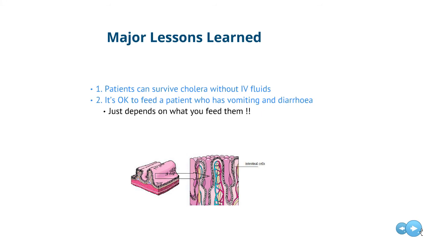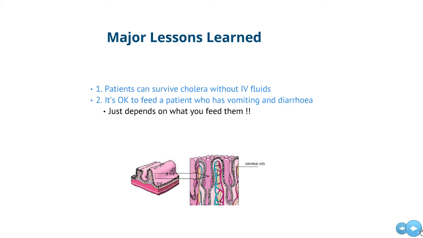Secondly, and probably more importantly, we realized that you can put something down the gastrointestinal tract of a patient who has nasty GI disease. And this was counter to the current thinking at that time. Everyone thought that you couldn't use the gastrointestinal tract because it would have been completely dysfunctional.